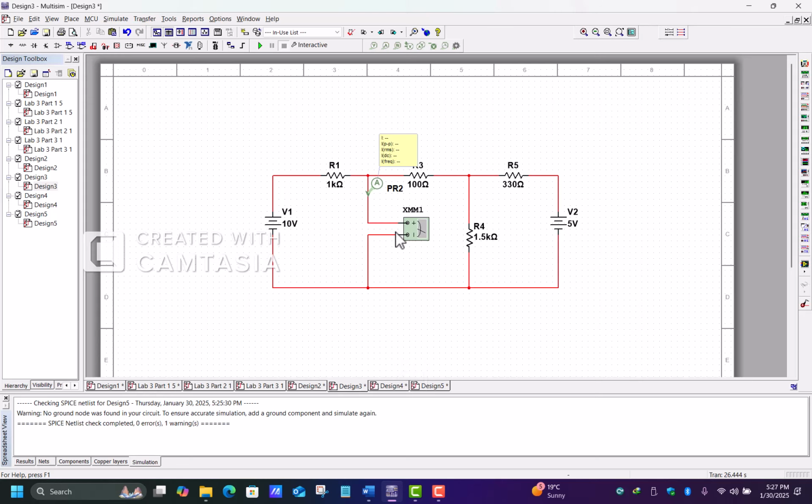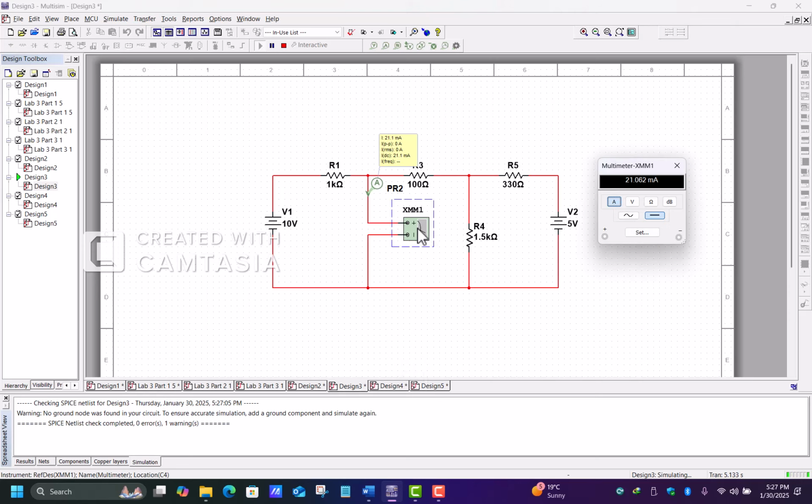We'll just remove the load resistance and calculate the current here. So we'll just use the multimeter here, and we'll get the short circuit current of this circuit.